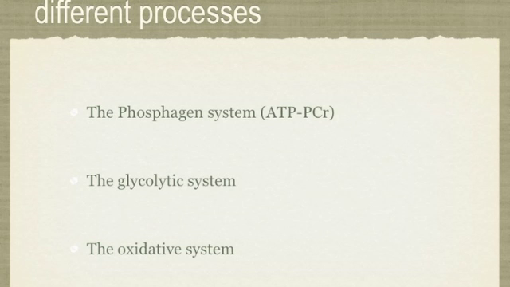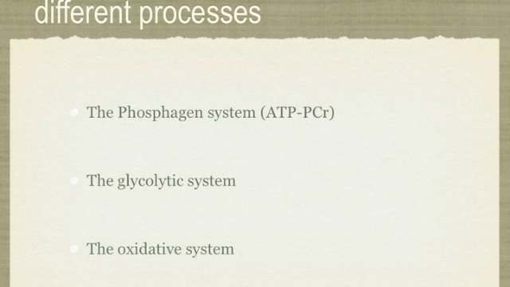And when we talk about producing ATP, there's 3 different processes. A lot depends on how long the activity is, how intense it is, what substrates, what stores of glycogen, ATP, fat that we have available.